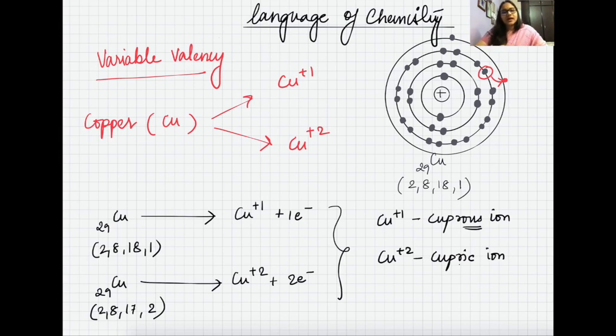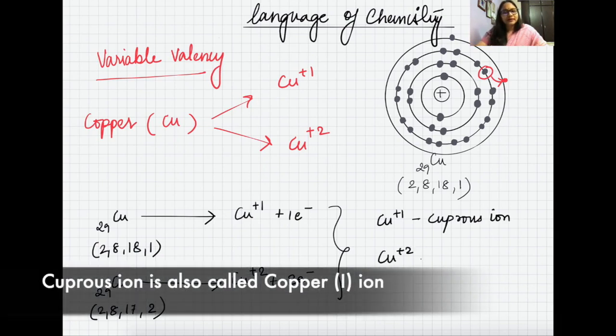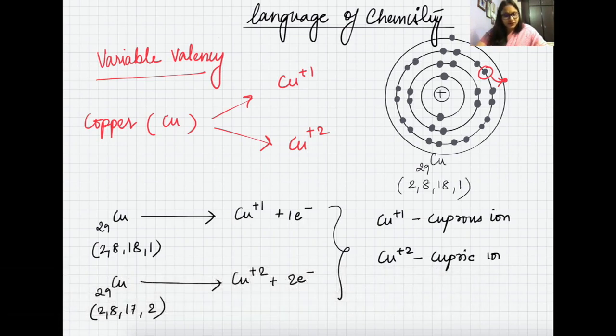Now how do you name these copper ions? When copper forms its respective compounds, depending on the valency, the name of the compound would also be different. So the Cu+1 ion, using the Latin name of copper, is named the cuprous ion, and the Cu+2 ion is named the cupric ion.